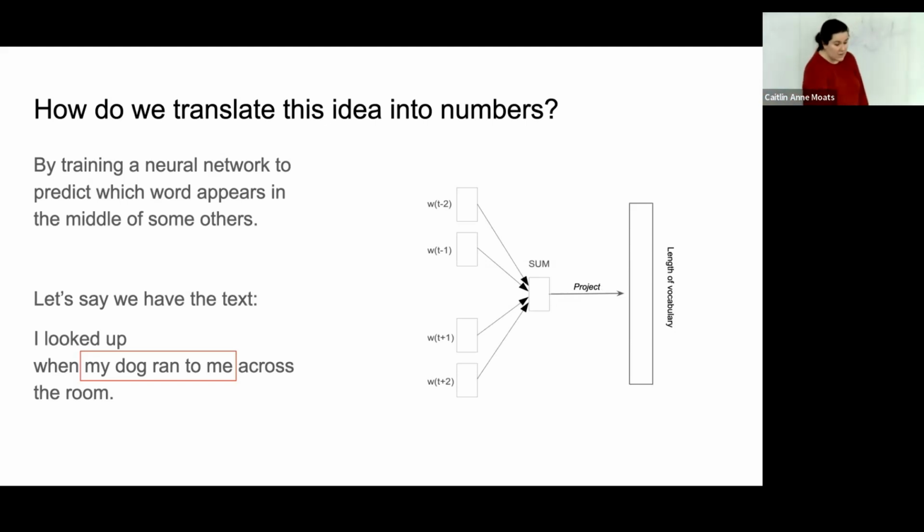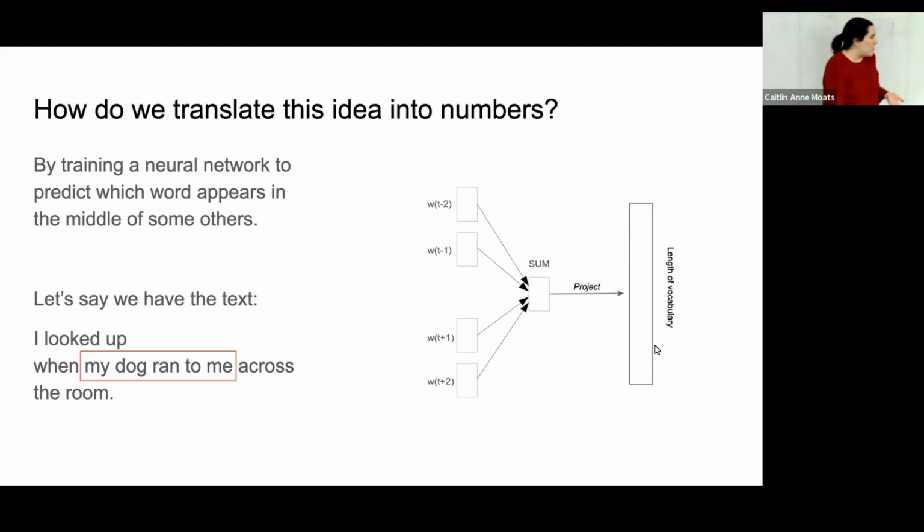Now, the idea here is that each word in our vocabulary has one corresponding number in this output list. And if the network is doing its job well, it should be assigning a relatively high number to the slot corresponding to the word that actually appears in the middle.